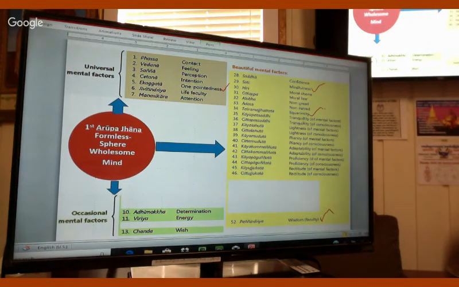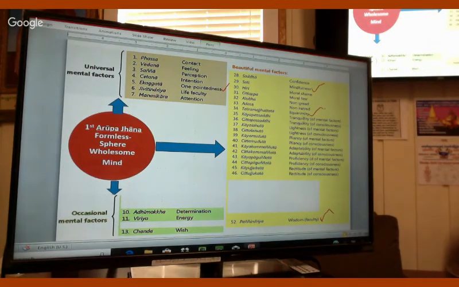When somebody goes from one jhana to a later one, the degree of these things must be changing. How does it change? Let's say going to the second jhana or third jhana, is the wisdom higher? Then of course the concentration is higher.